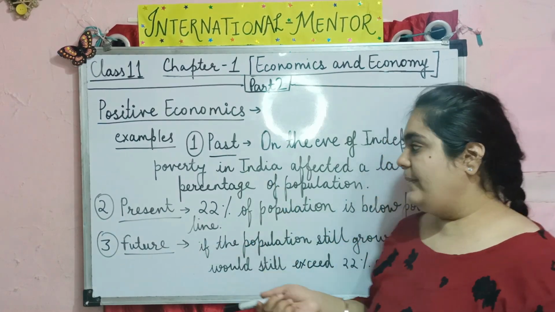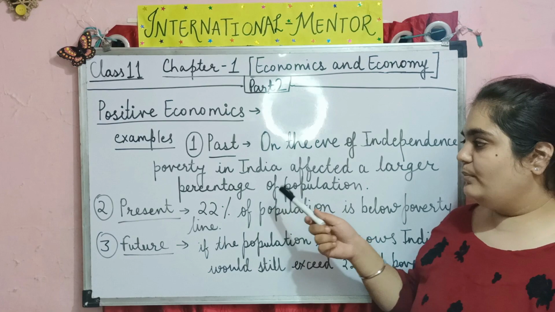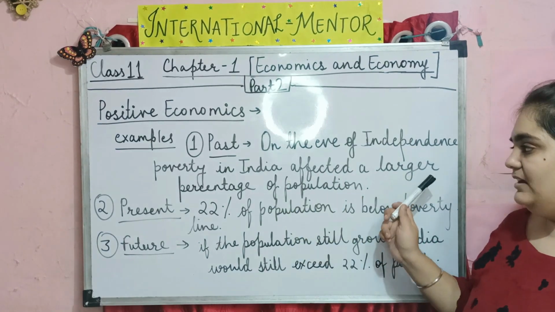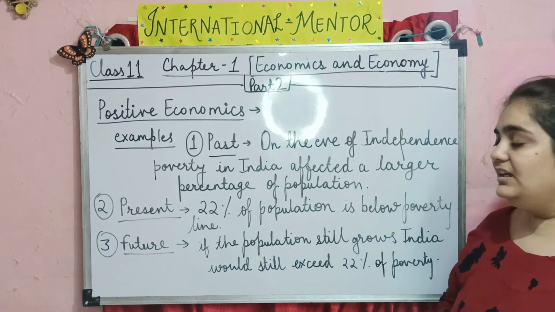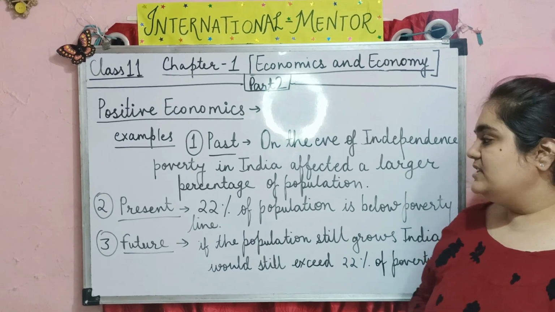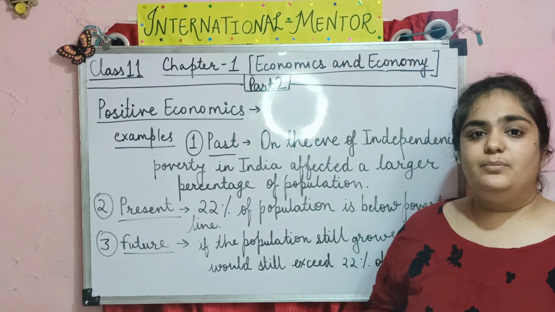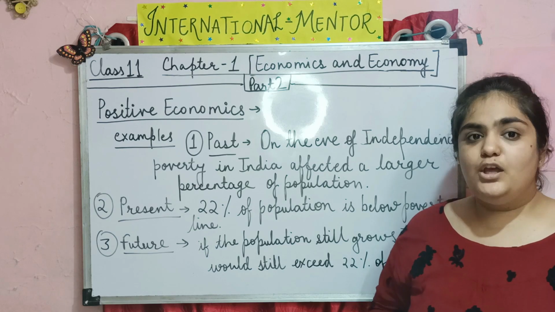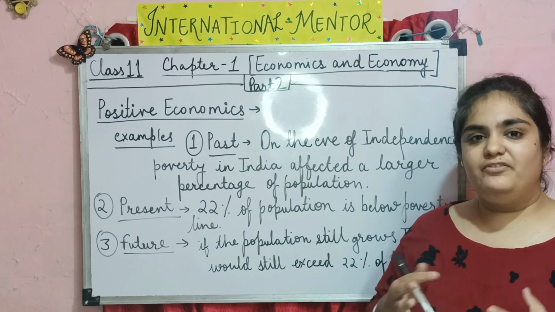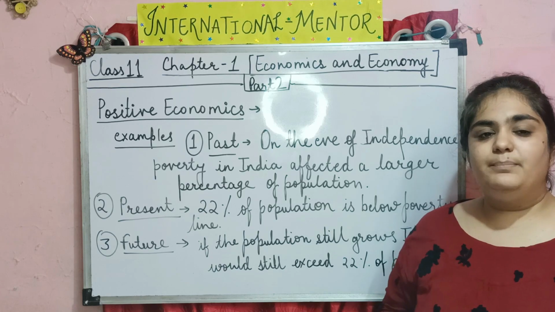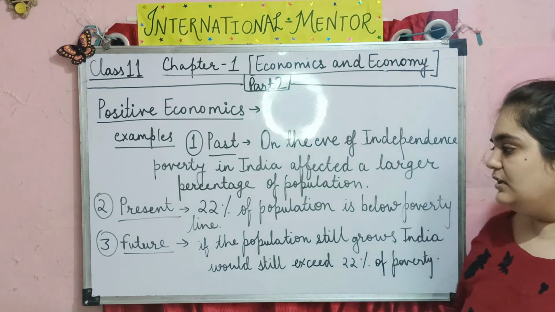So here is an example of positive economics. On the eve of independence, poverty in India affected a large percentage of the population. After independence, when the Britishers left India, India became very poor and the poverty rate increased a lot.